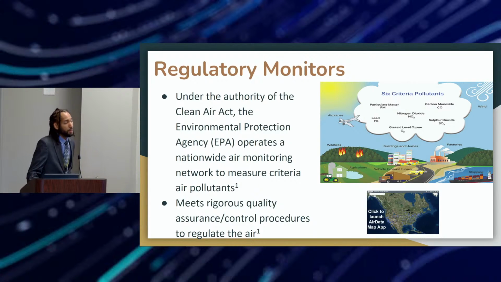All of these come from different pollutant sources that you can see in the picture on the right-hand side of the screen, whether it's wildfires, factories, our vehicles, agriculture, and shipping. What we are doing is trying to measure the levels of these different pollutants to be able to justify change in our policy.